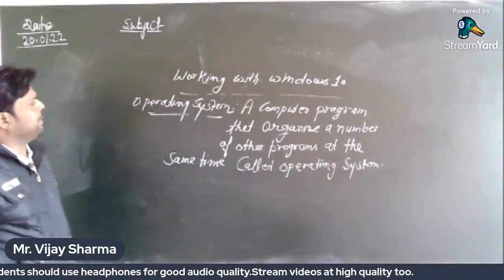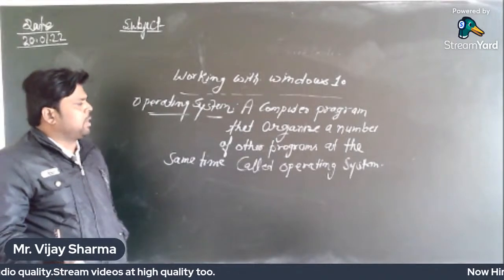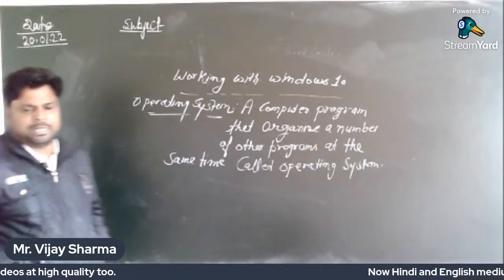So this is a simple definition for operating system: a computer program that organizes a number of other programs at the same time is called an operating system.